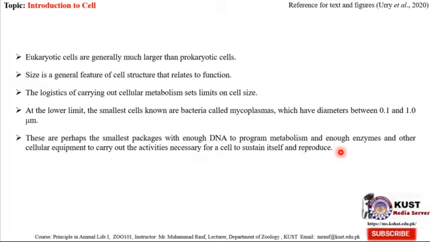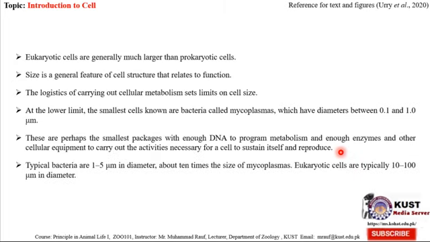So the extent of metabolic activities and the function performed by a cell will determine the size of that cell. Typical bacteria are 1 to 5 micrometers in diameter, and that is about 10 times the size of mycoplasma. So mycoplasmas are also bacteria, but they are the smallest living cells known.